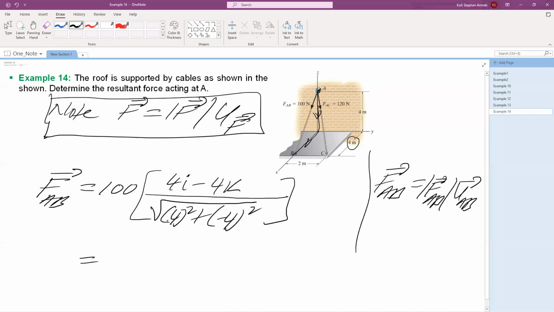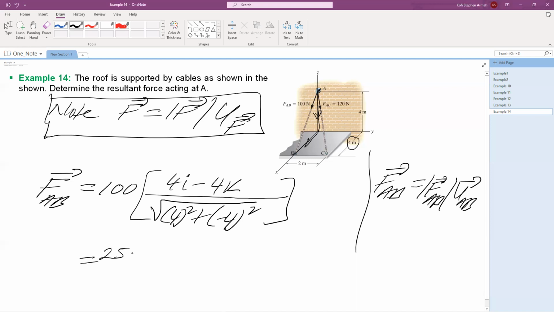So this is 4 root 2. If I want to do 100 divided by my answer, let me write this.